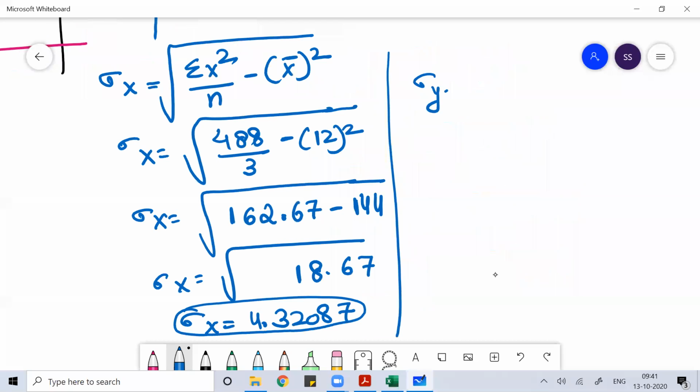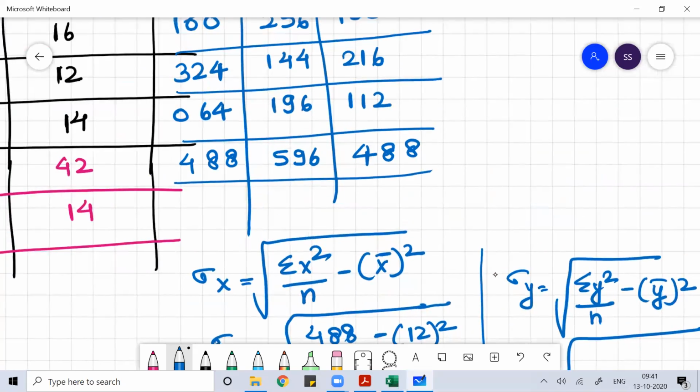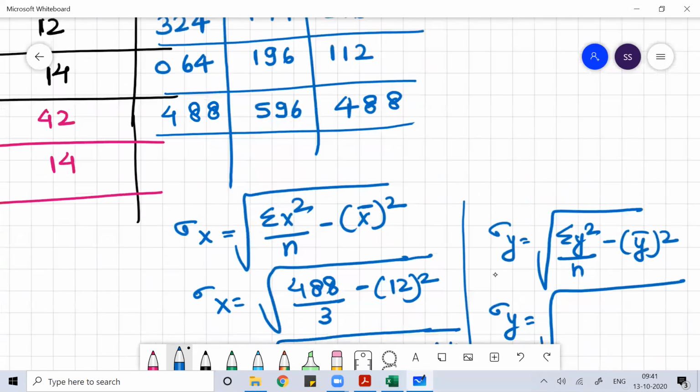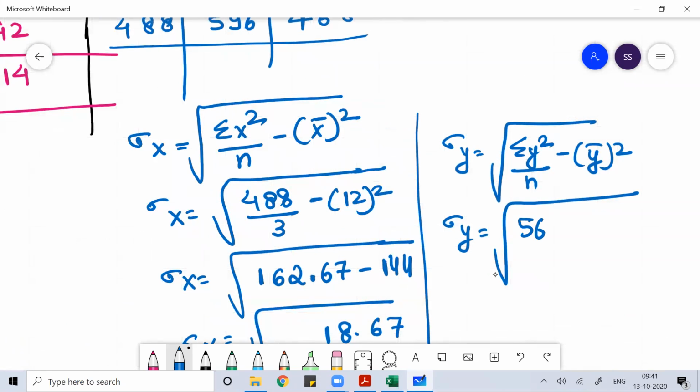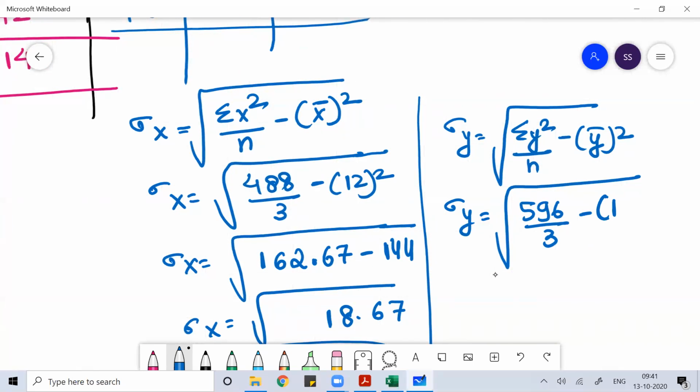Standard deviation on y is again the same way, summation of y square by n minus y bar whole square. The summation of y square is 596. So 596 by n, which is 3, minus y bar. Y bar is 14. 14 square.